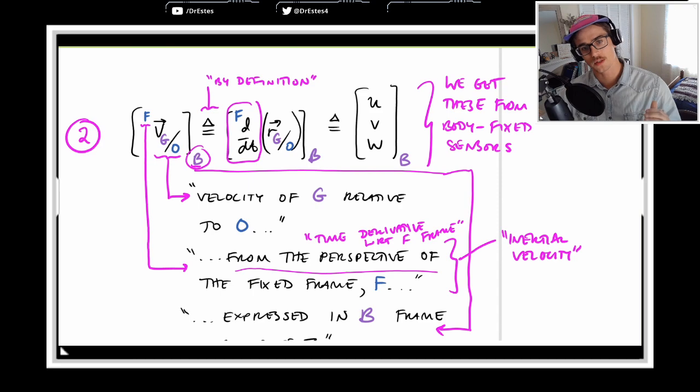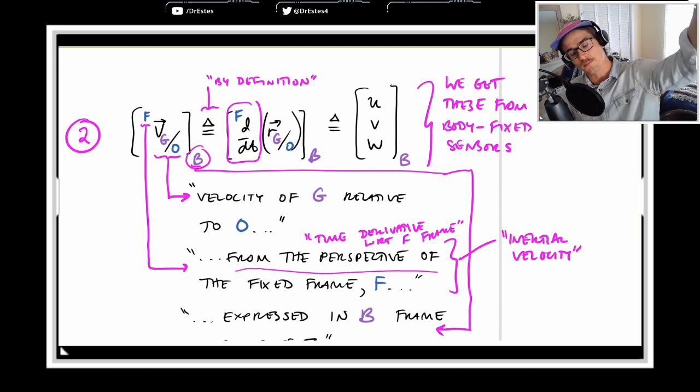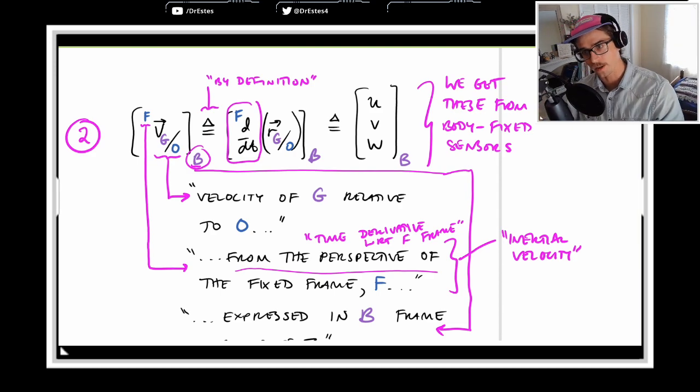Case 1 was also the inertial velocity, which is the time derivative of the position vector from the perspective of F. So it would be like you're just sitting on the ground, watching this plane fly away. From my perspective, that's the time derivative. And then you can still project this into either body frame or fixed frame coordinates.